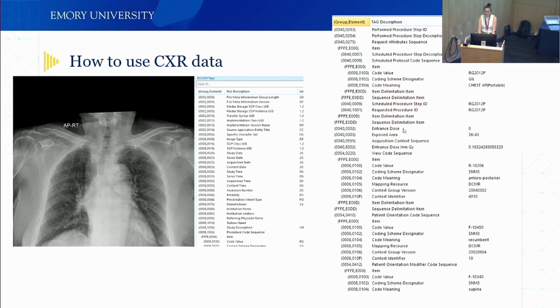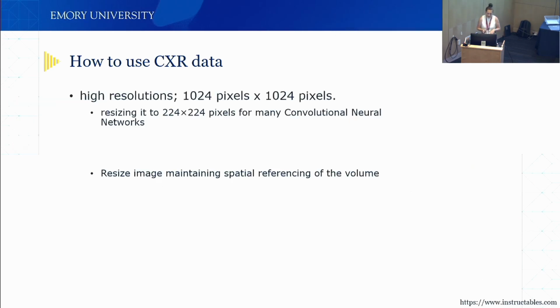So you can get this data from your DICOMs, and you might want to do a few. Sometimes what we do is we extract all DICOM tags for the same fields and see what's in there, so you can have an idea of what you deal with and select your databases on that, so you don't have all erect ones and all portable ones in different data sets. They can go up to really high resolution, but most convolutional networks don't take that high of a resolution.